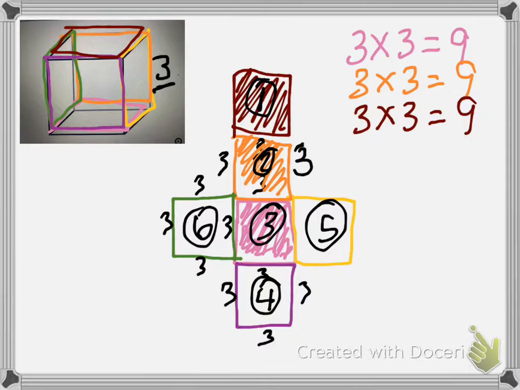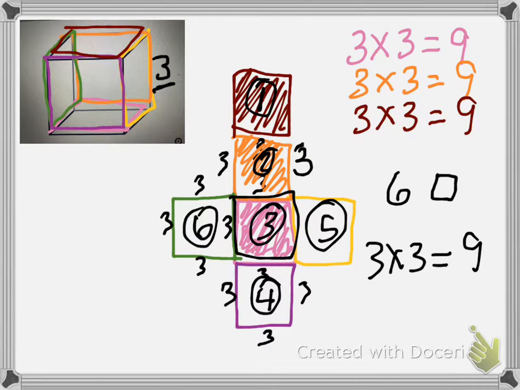We know that there are 6 squares that are exactly the same area. So we could take this 3 times 3 equals 9, knowing that that's the area of any single square, and multiply that times 6 to find the surface area of all 6 squares. So 9 times 6 is 54.